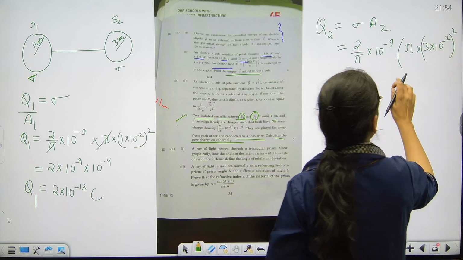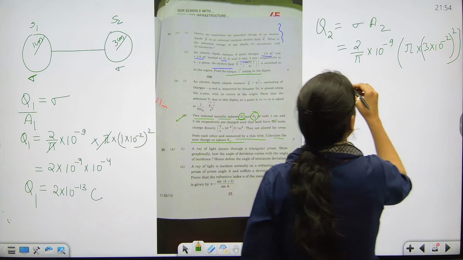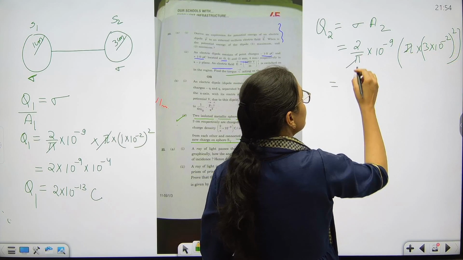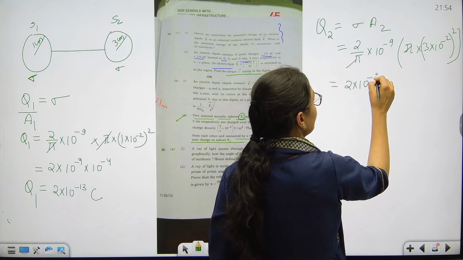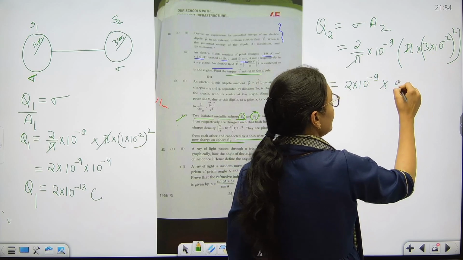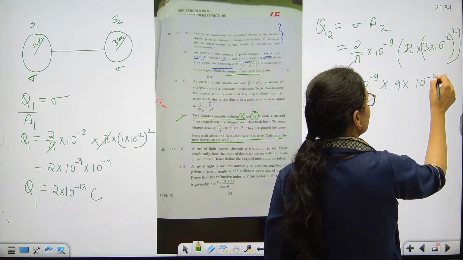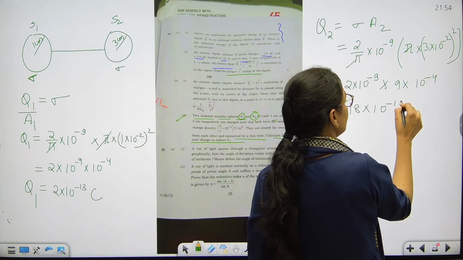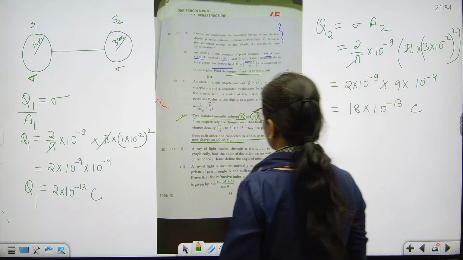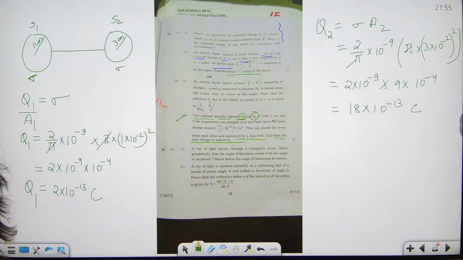We have to take the square of this one. Okay. So pi gets cancelled. 3 twos are 6, 9. 2 into 10 with the power minus 9 into 9 into 10 with the power minus 4. 18, 10 with the power minus 13 coulomb. Clear? Yes, correct. Okay. 18.